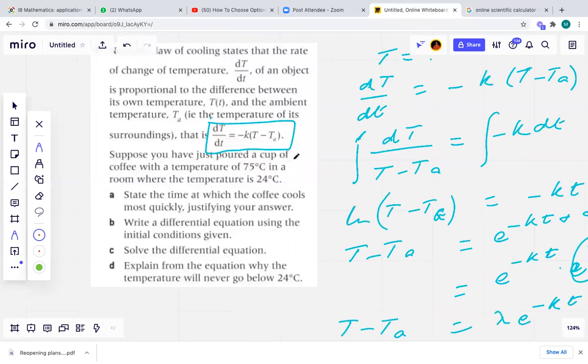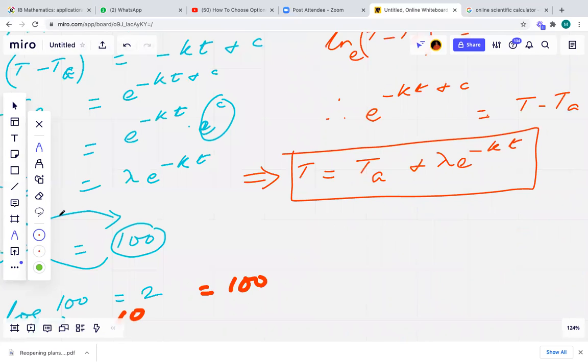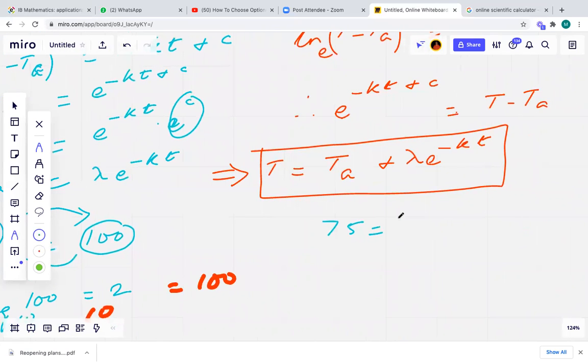Now it says you just pour the cup of tea at a temperature of 75 degrees. The initial temperature is 75 degrees and the room temperature is 24. Initially, time is t equal to zero, so 75 equals 24 plus lambda.